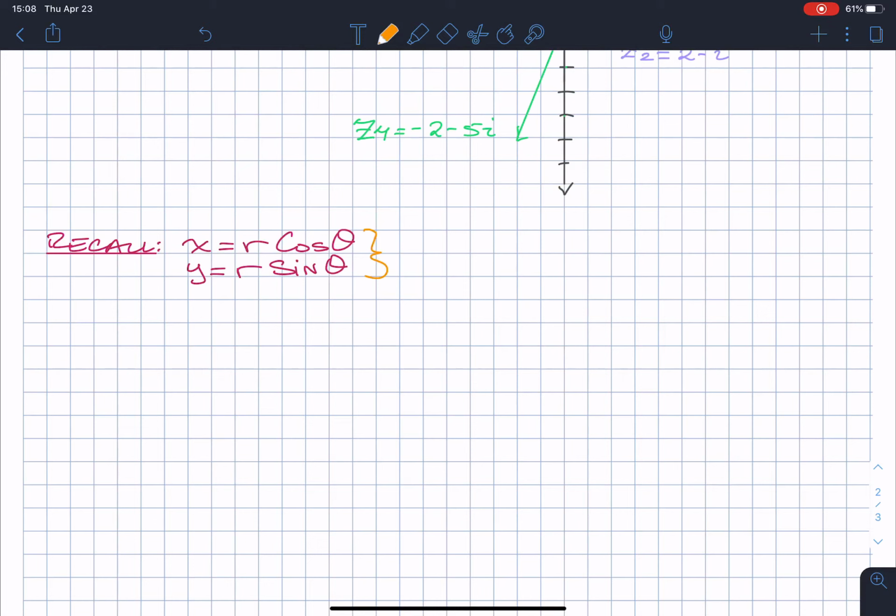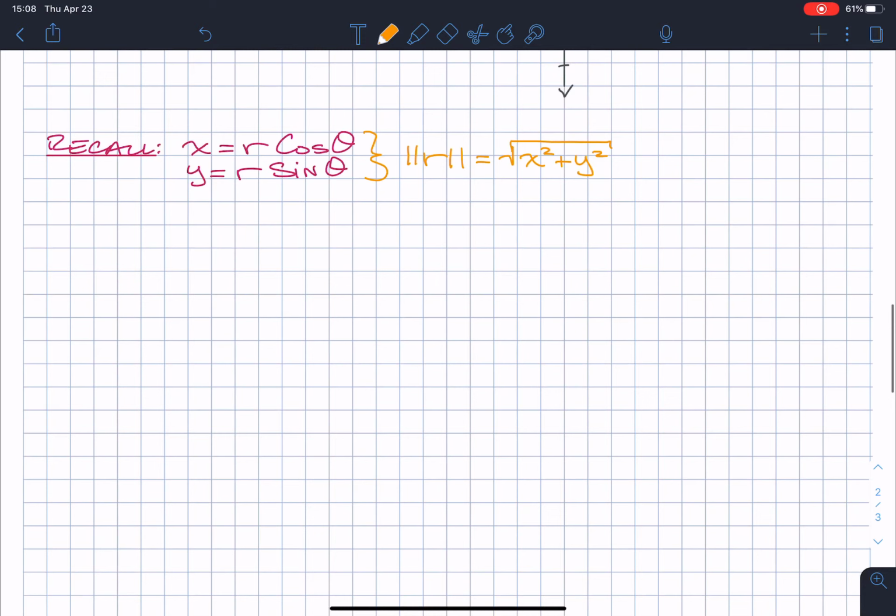So what is the magnitude of r? Well, it's going to be the square root of x squared plus y squared, right? Using the main Pythagorean identity. Okay, so let's say we had z is equal to x plus i times y.